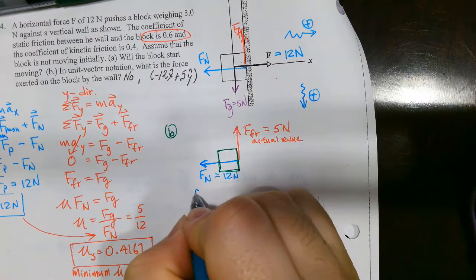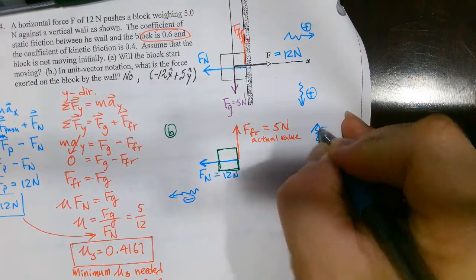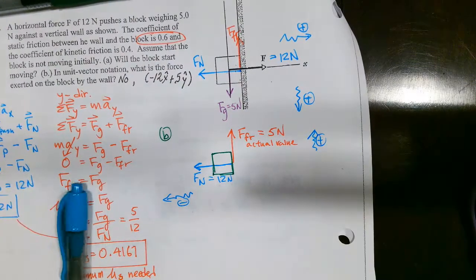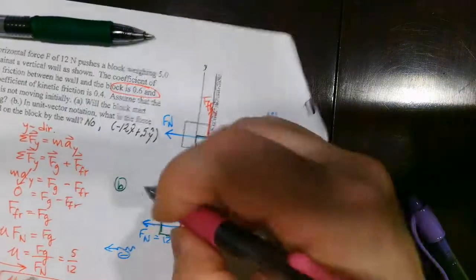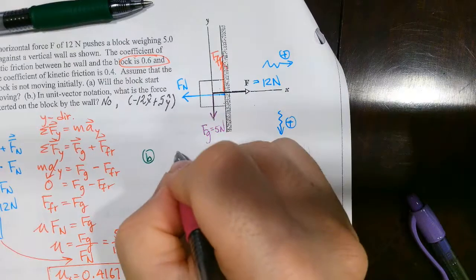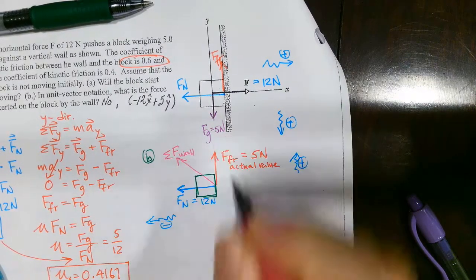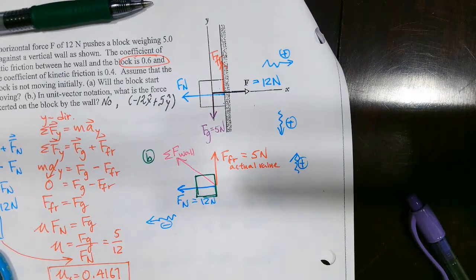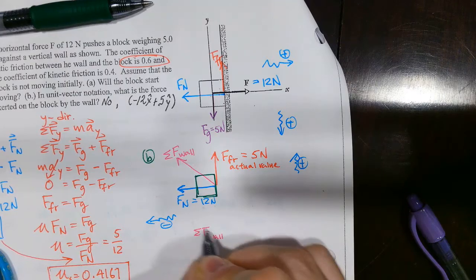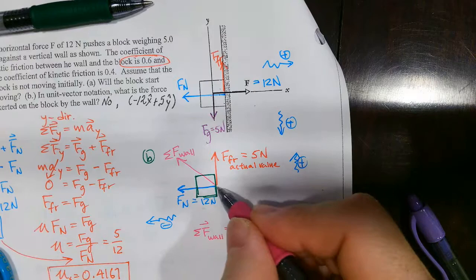So assuming that this direction here is negative, and this direction here is positive, the net force from the wall is equal to the addition of these two, because this is the resultant.